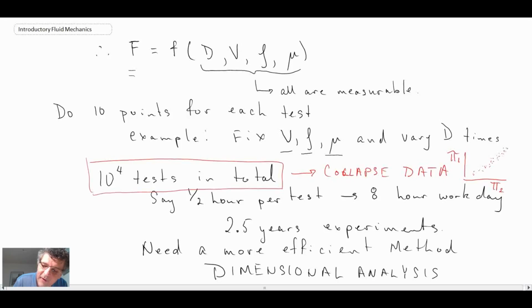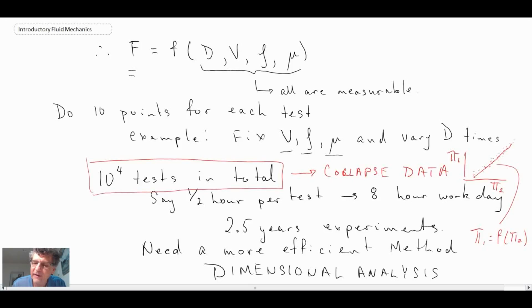And that's what the experimentalist is always after. If they can get a linear relationship like that, even better. Then they have a trend that says pi 1 is equal to some function of pi 2, and pi will be our non-dimensional variables. If an experimentalist can get something like that, they're very happy.